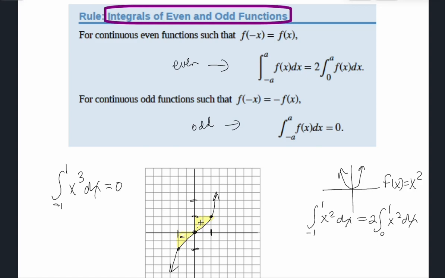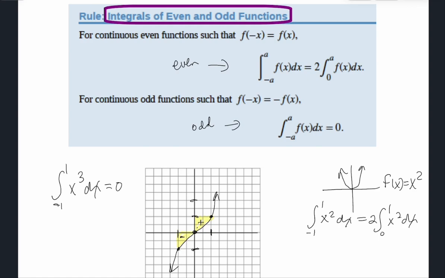It would always work itself out. This rule is just a little shortcut. If you recognize that it's even, you can split it up and just do 2 times the integral from 0 to that a value. If it's odd, you're going to get an answer of 0 because the areas will cancel each other out.